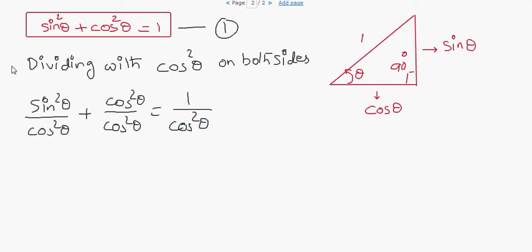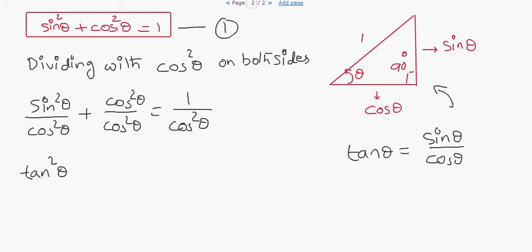Now we know that sine squared theta divided by cos squared theta equals tan squared theta, because tan theta is equal to sine theta divided by cos theta from this triangle.